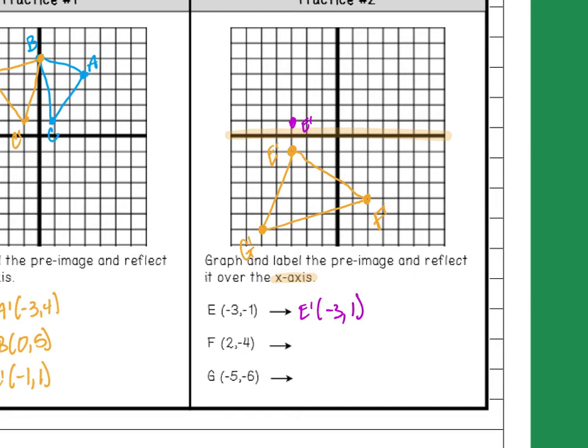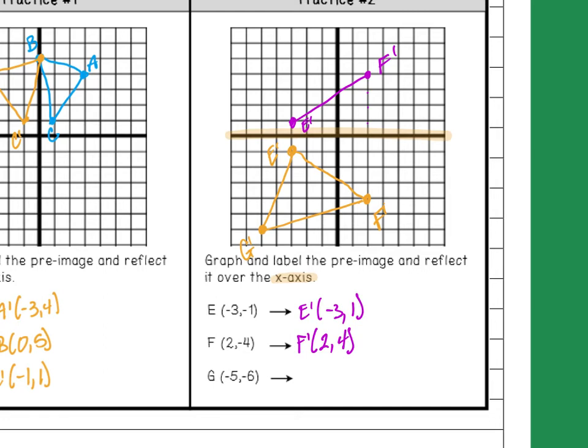Wow. Okay. And then F is, let's see, how far down is F? It's 4 down, so it should be 4 up. 1, 2, 3, 4 on the other side of my mirror. So that's F prime. F prime should be located at the same x coordinate, but now the opposite y coordinate.